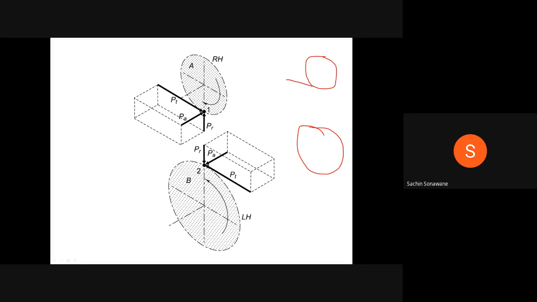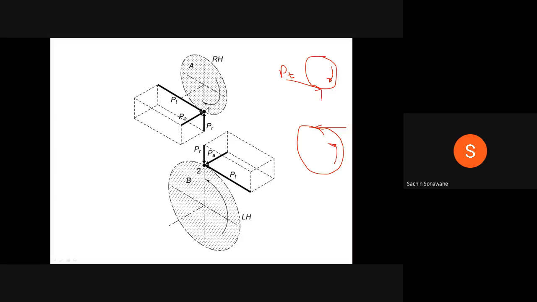Therefore, this is your PT, because pinion rotates in clockwise direction. It is the driving gear. Therefore, for the driving gear, PT will be in anti-clockwise direction. Now, since gear rotates in anti-clockwise direction, gear is the driven gear. Therefore, tangential force will be in the same direction.